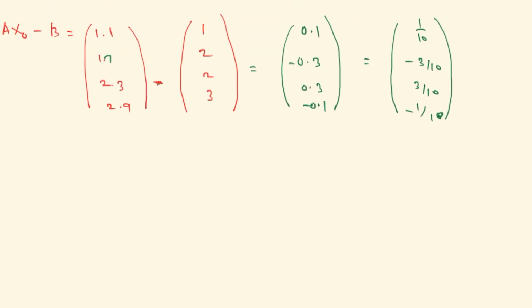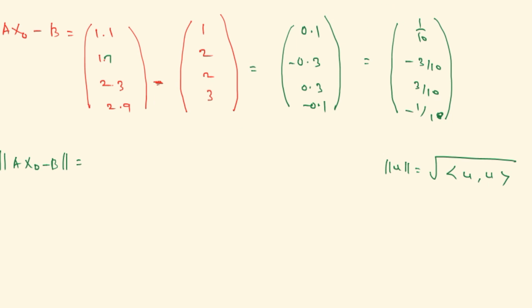Now the norm of A x naught minus b. The norm of u equals the square root of the inner product of u comma u.